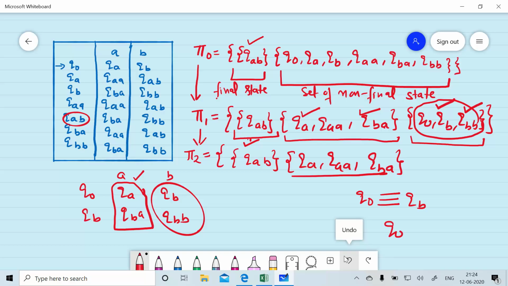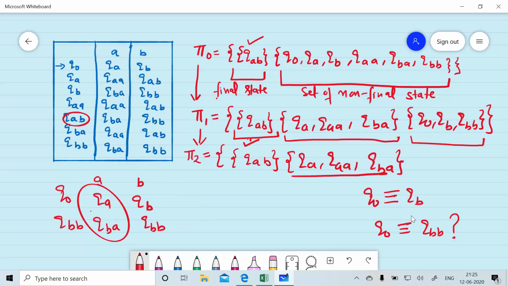Now we will check for Q0 and QBB. Under A, they are giving QA and QBA, which belong to the same set, so under A they are equivalent.